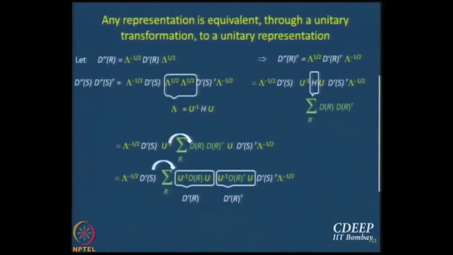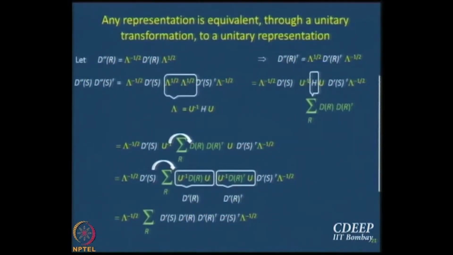So, again let us bring d prime S in, and this is what we get: lambda to the power minus half, sum over R, d prime S d prime R dagger d prime S dagger, lambda to the power minus half.